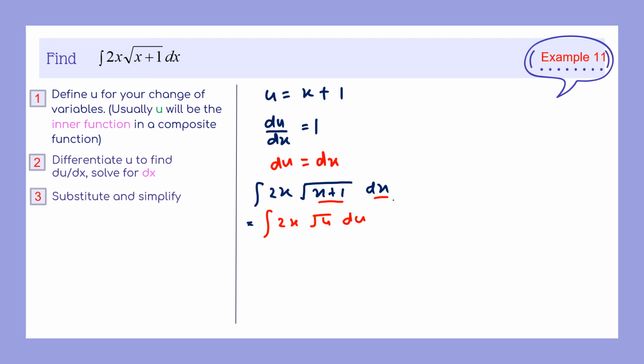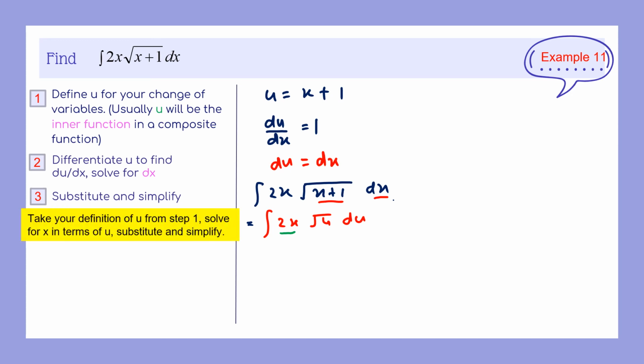So here we have an extra 2x which cannot be cancelled. So this cannot be cancelled. For the case that cannot be cancelled, we will take from the start, from u, we make x in terms of u. Then we substitute into the integral. So from u equals x plus 1, we change x as a subject.